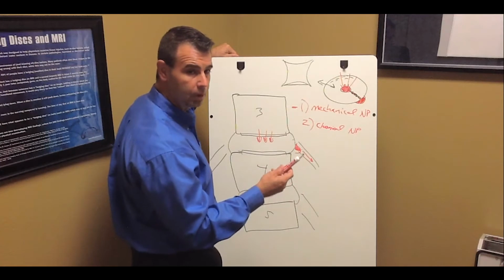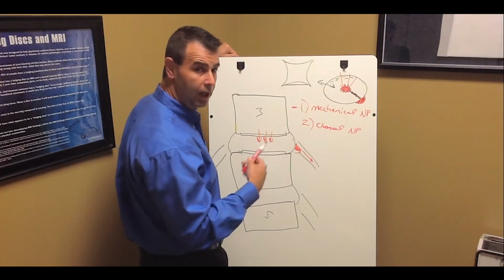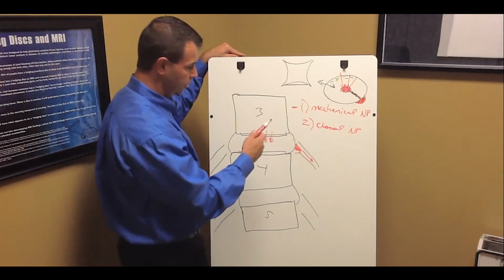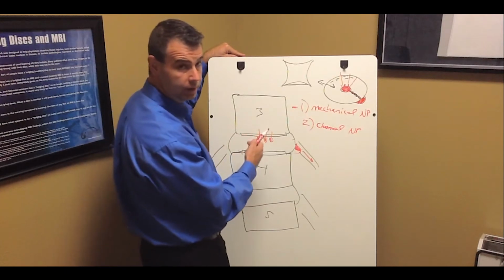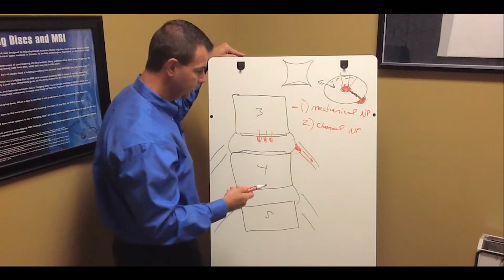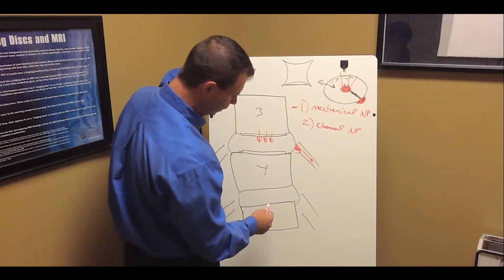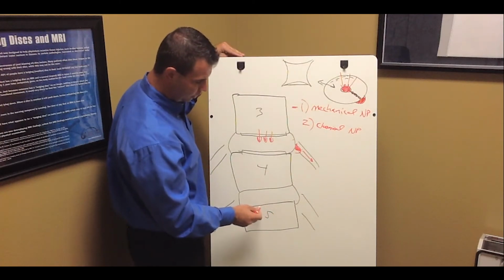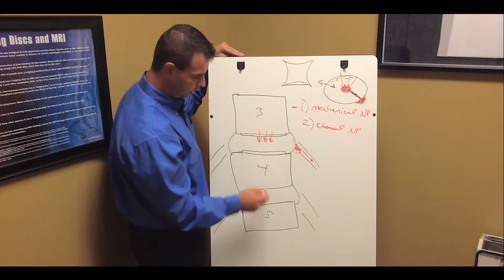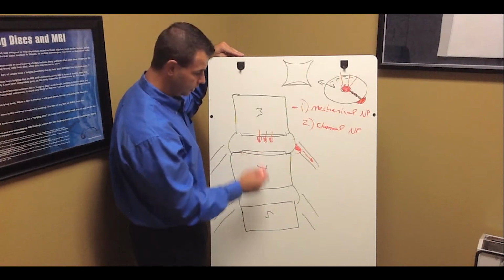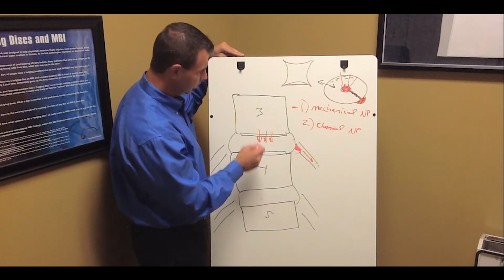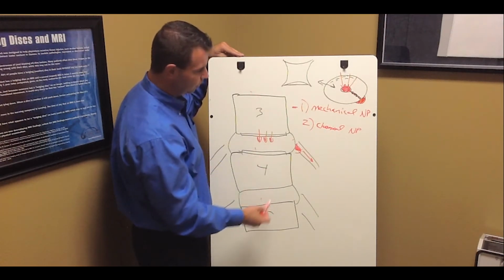So let's talk about how we would treat low back pain, herniated disc, and nerve pain. The first thing we're going to do is some joint mobilization. We're going to do some work at each level here to help create movement.